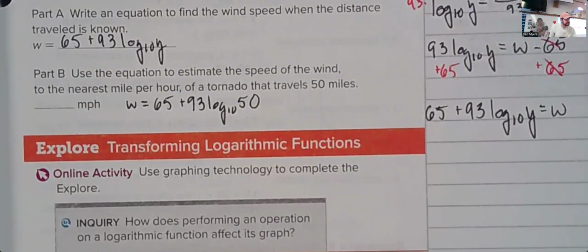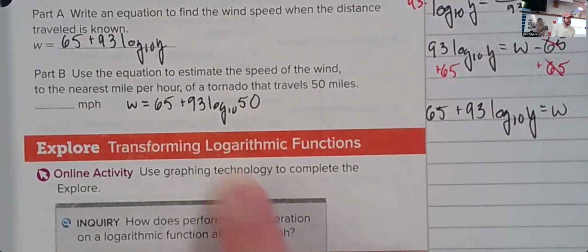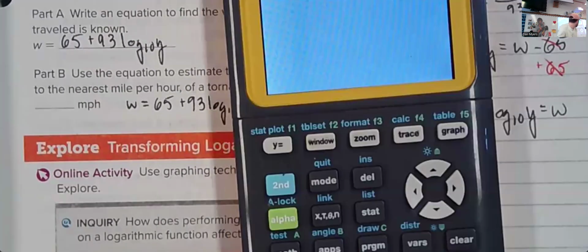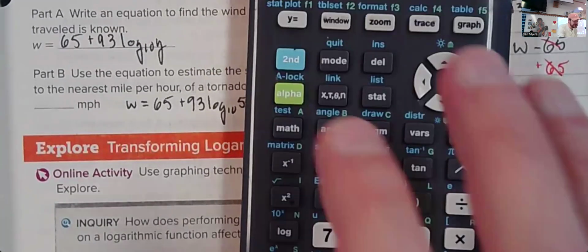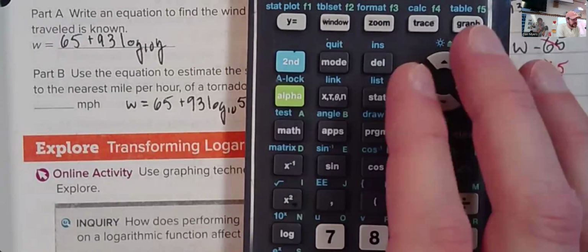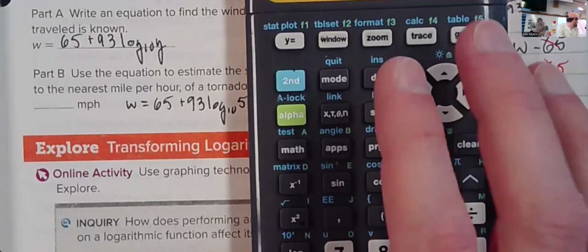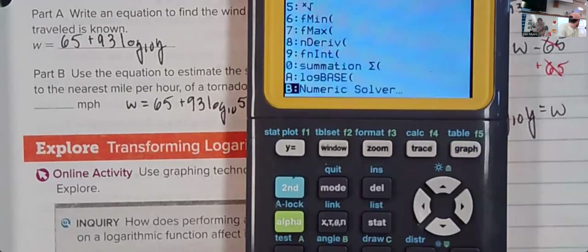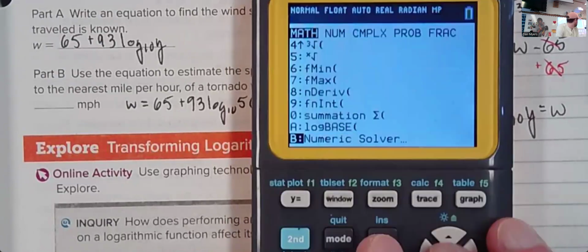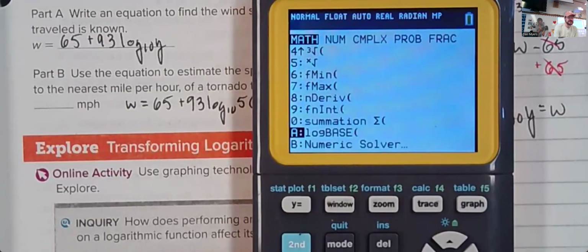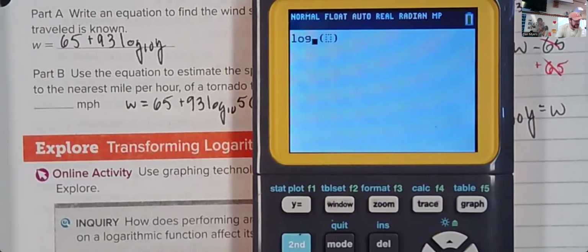So what you need to do here, there's two ways to actually do this, by the way, on your calculator. The first way is we are going to go to our math menu. So click on math. It's probably quicker to push the up button because that'll put you all the way down to the bottom of this list. And you're going to go to log base. And then for the base, we've got 10. And then we're figuring out the log base of 50.